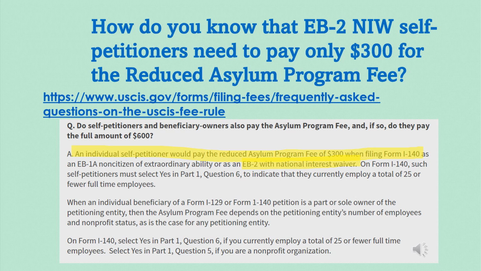And that's for the I-140, whether it's the EB-1A or the EB-2 NIW, because both are self-petitioned types of cases. So they both qualify for the $300 reduction if it's a self-petitioned case.